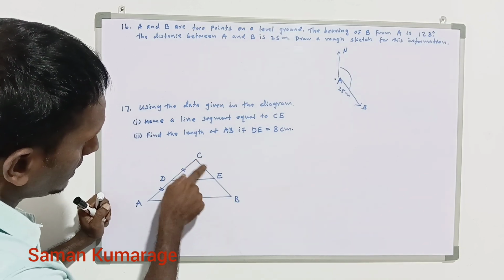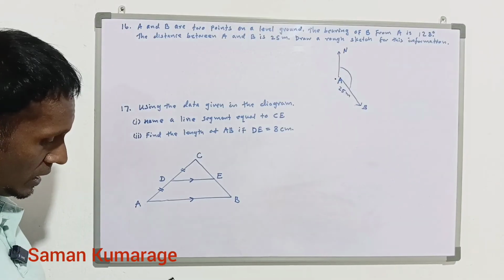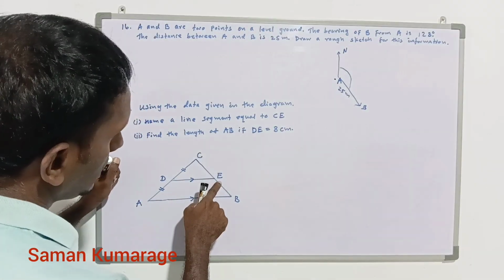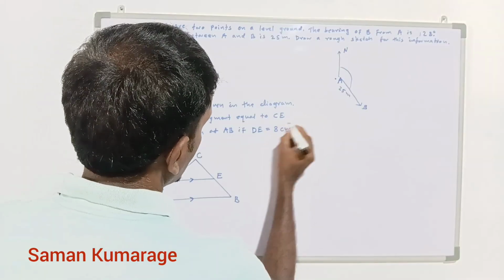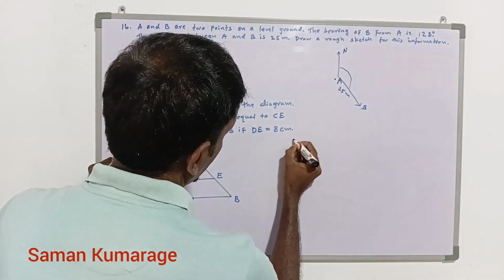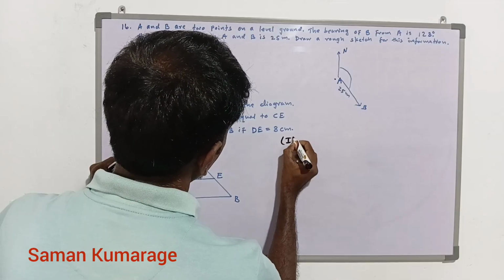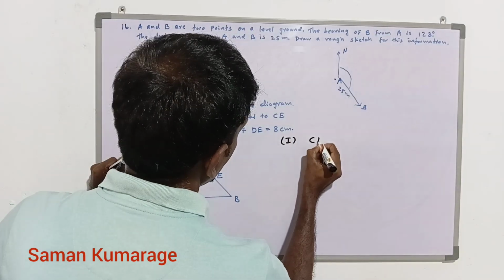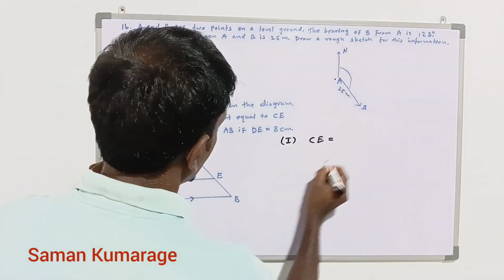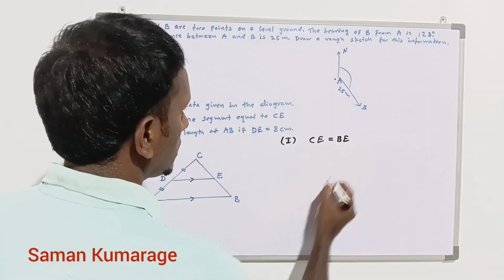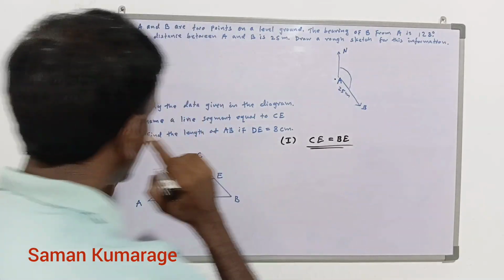Those parts are CE and EB. Therefore we can write the answer for question number 1: CE is equal to BE.